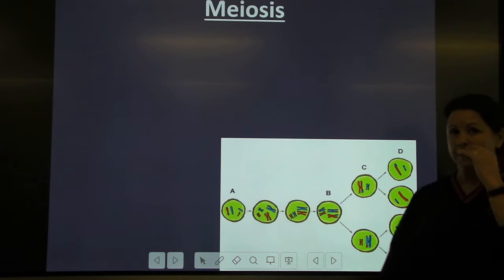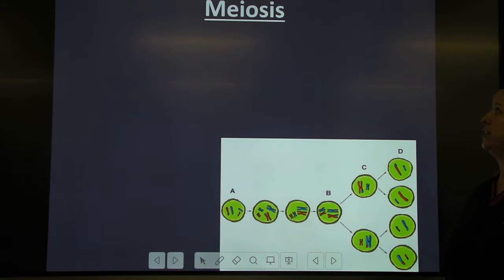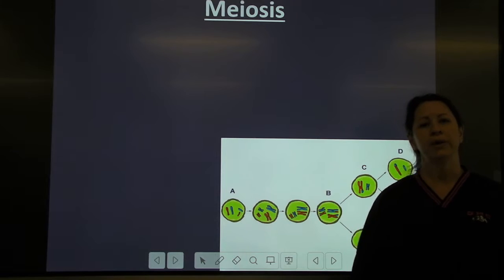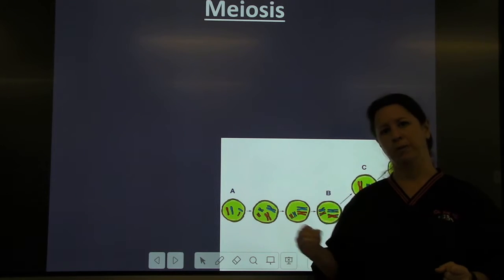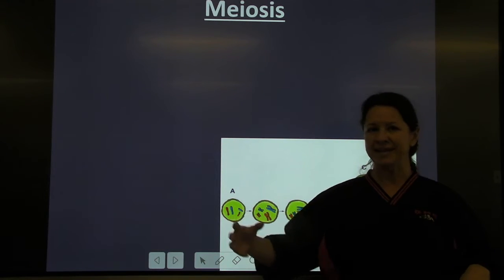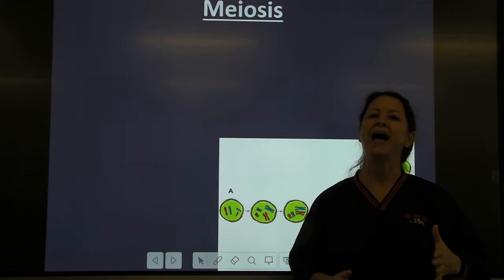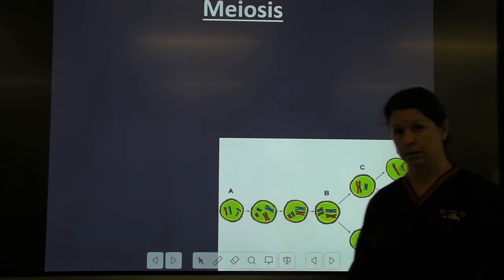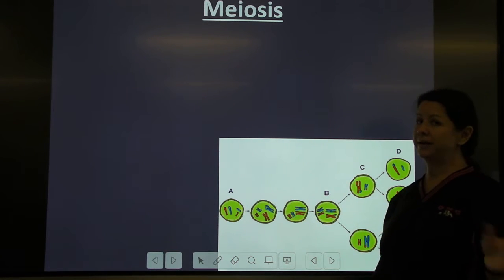All right. What we want to talk about today, our new information, is meiosis. So we've been talking about genetics. We know that we get half of our chromosomes from mama and half of our chromosomes from daddy. So each parent gives half of the chromosomes necessary to make a brand new organism. Okay? So we're not talking about getting new cells.